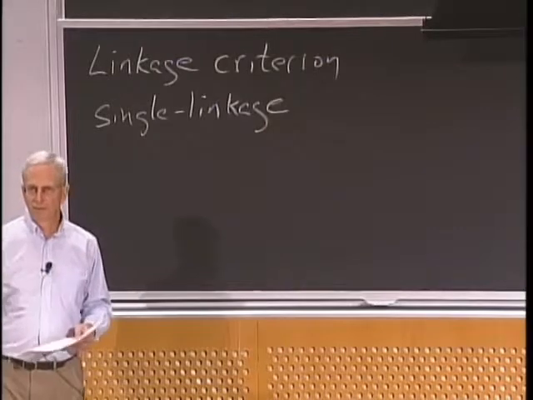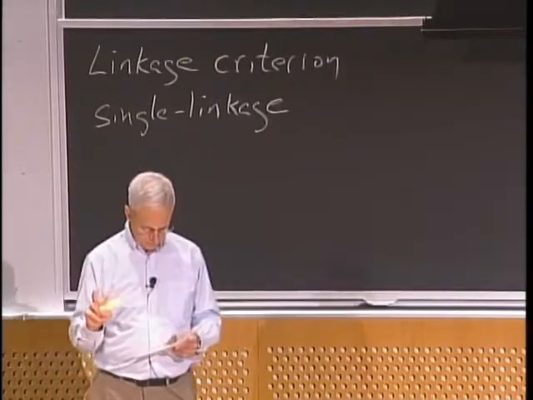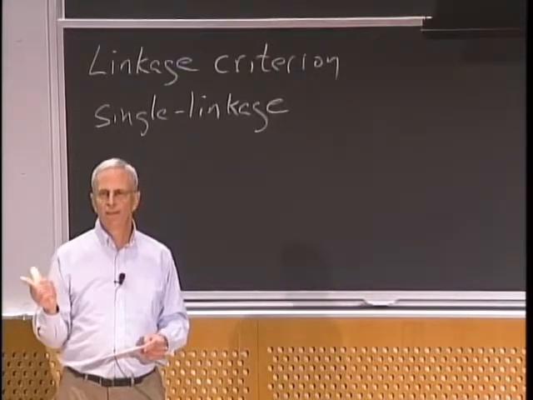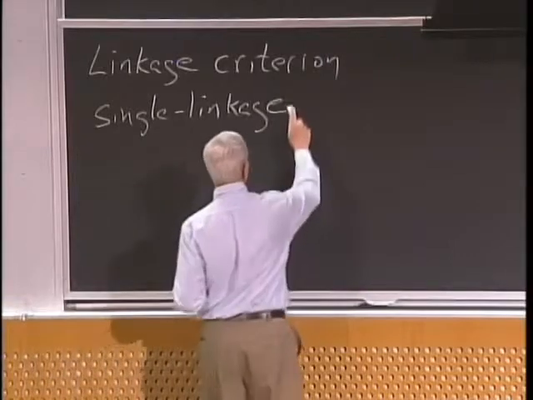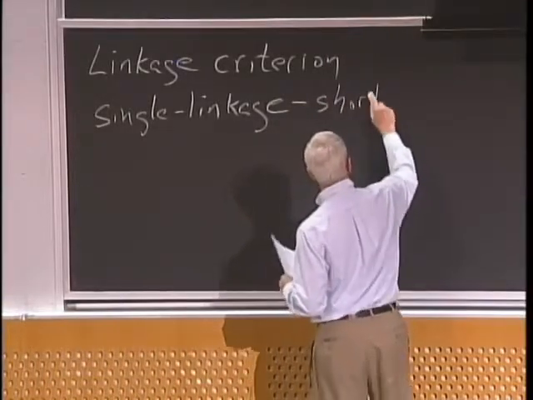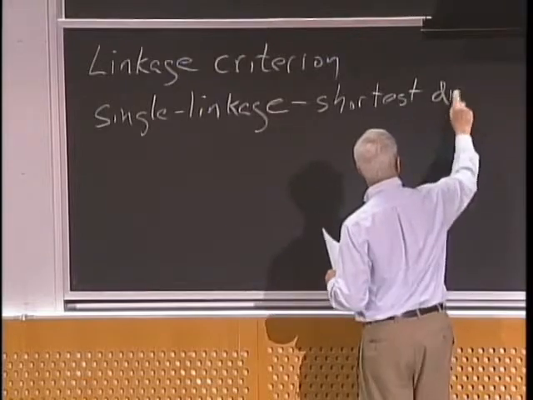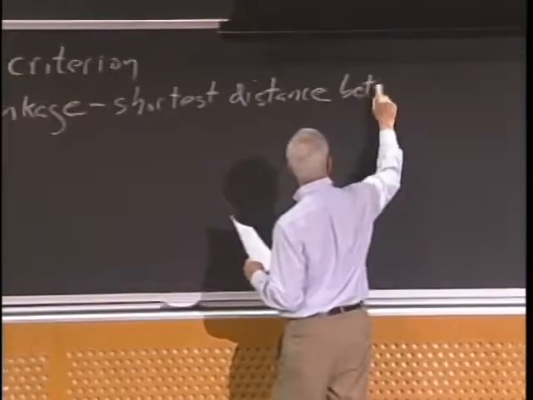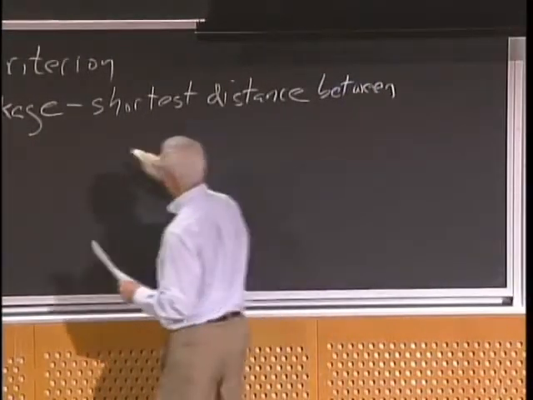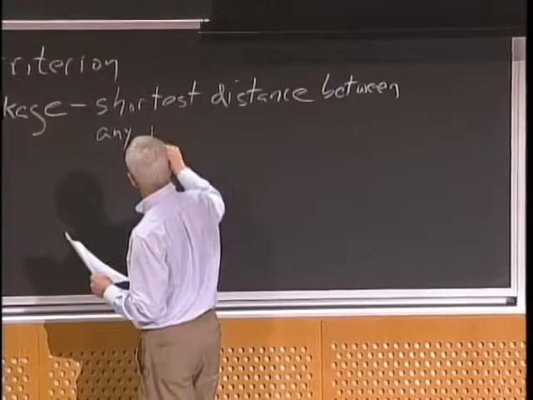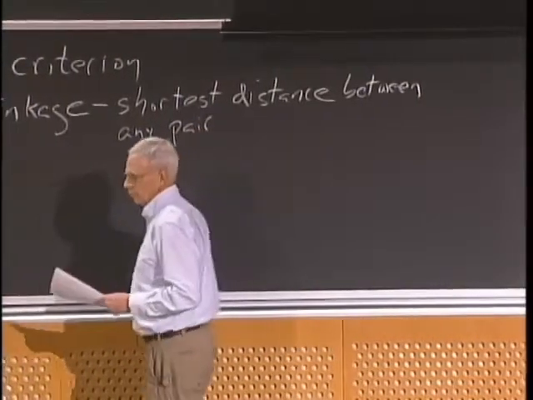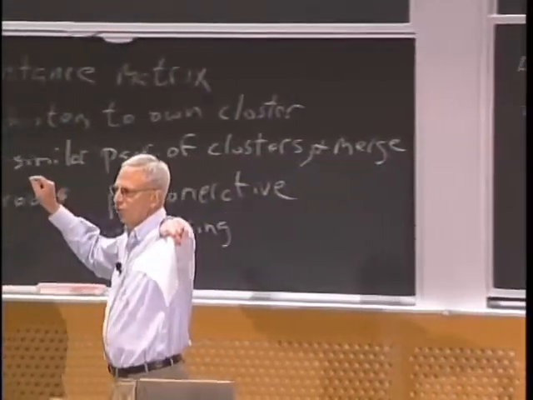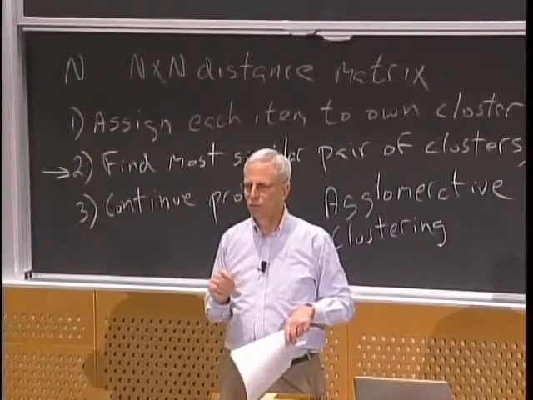In this, we consider the distance between a pair of clusters to be equal to the shortest distance from any member to any other member. So we take the 2 points in each cluster that are closest to each other and say that's the distance between the two clusters.